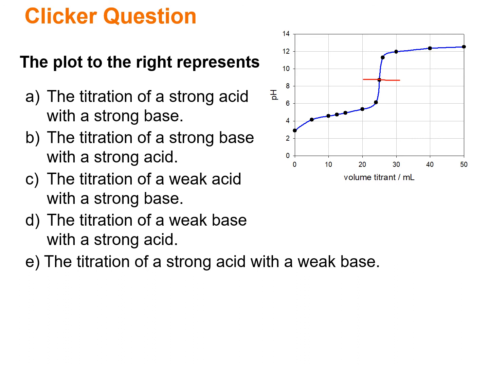So in this one, I would expect it to be a weak acid with a strong base. And so if I look at my choices here, the one that seems to fit the bill is going to be letter C. And that's going to work for this particular problem.